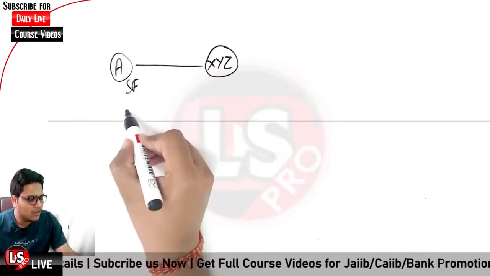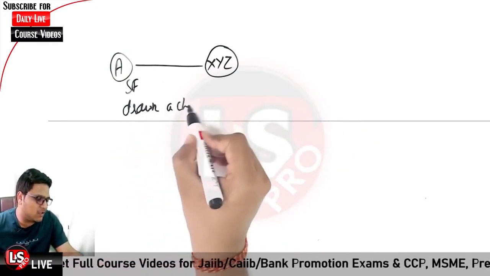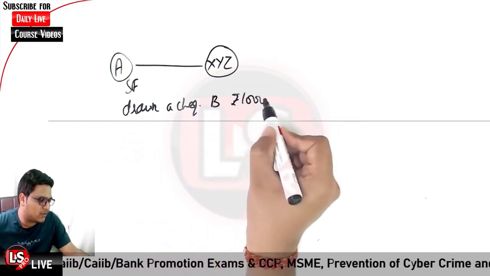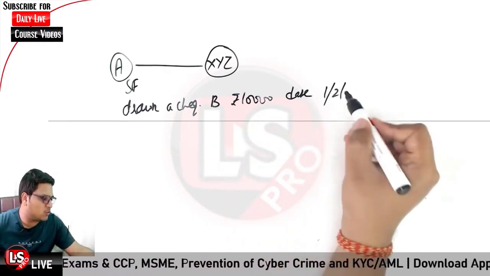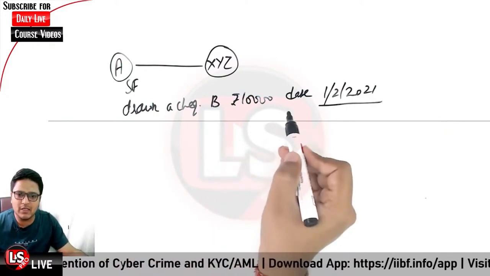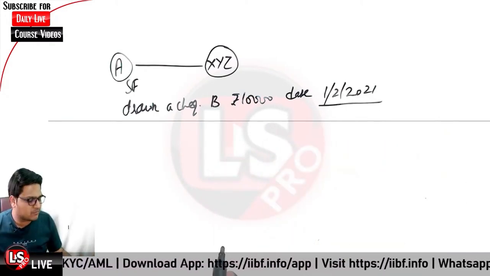And further, he drew a check in the name of person B amounting to rupees 10,000 dated 1st of February 2021.